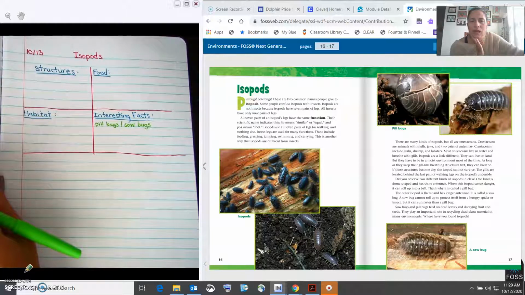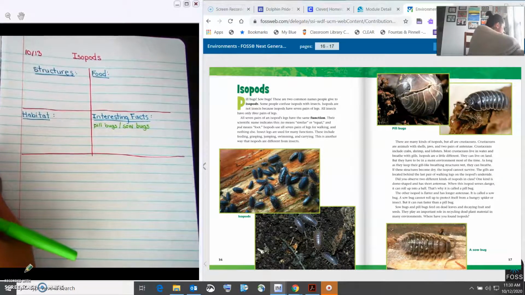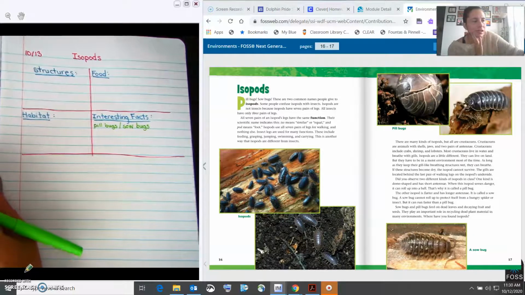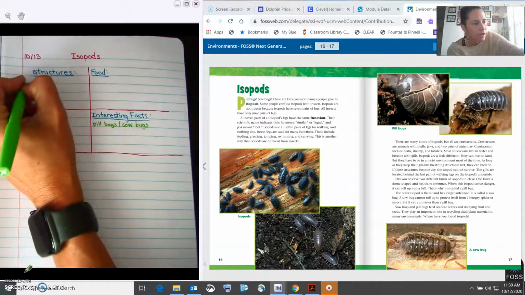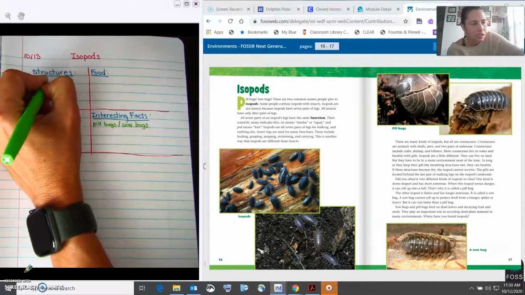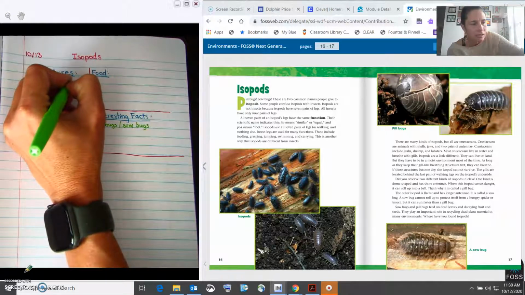Some people confuse isopods with insects. Isopods are not insects, because isopods have 7 pairs of legs. Okay, whoa. So they have 7 pairs. That means 14 altogether. 7 pairs of legs.